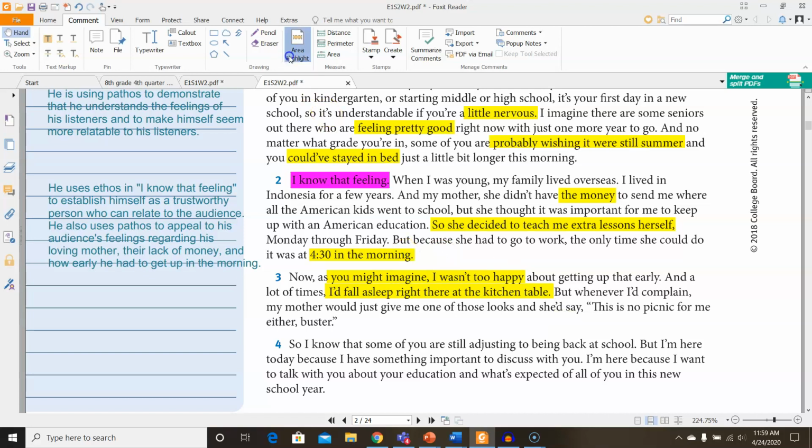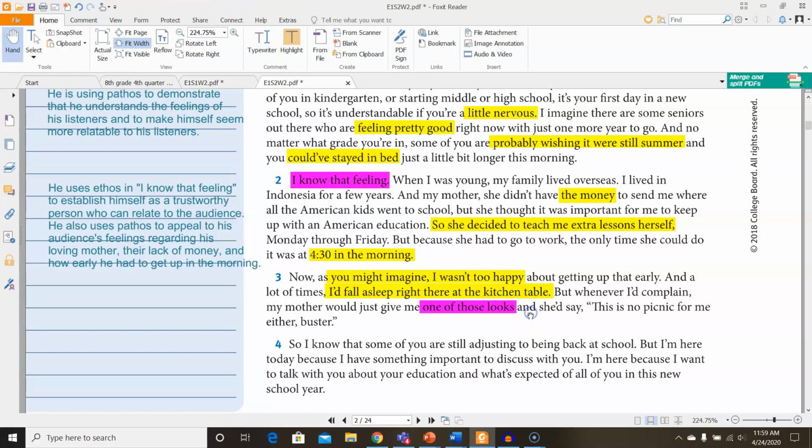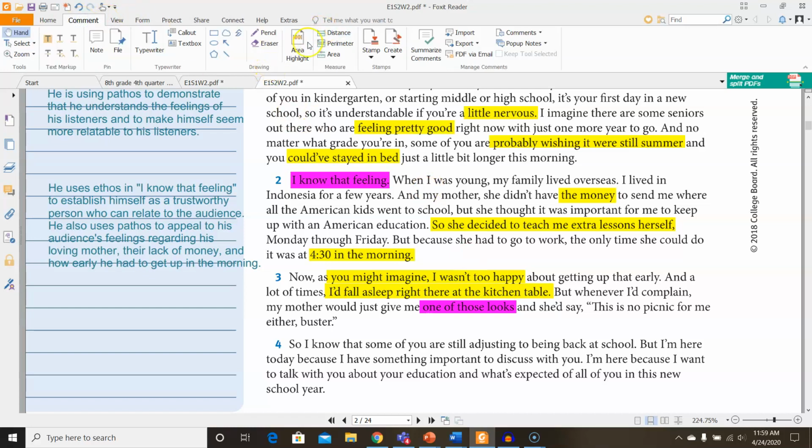But then, when he would complain, his mother would give me one of those looks. So here, he's once again making himself seem dependable. And I'm going to call that ethos because I think it's making him seem like a trustworthy character because he's so relatable. And then his mom says something that many of our moms have probably said at some point in various ways. This is no picnic for me either, Buster.